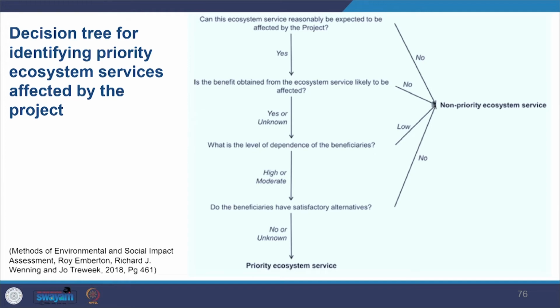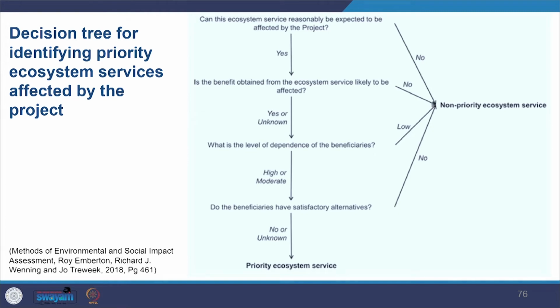You might be blocking their access by the kind of development you are doing, or you are giving access to many other people, so that can also happen. Project impact on the ecosystem services might lead to a change in the benefits it provides to the people. How much benefit it provides can also change.